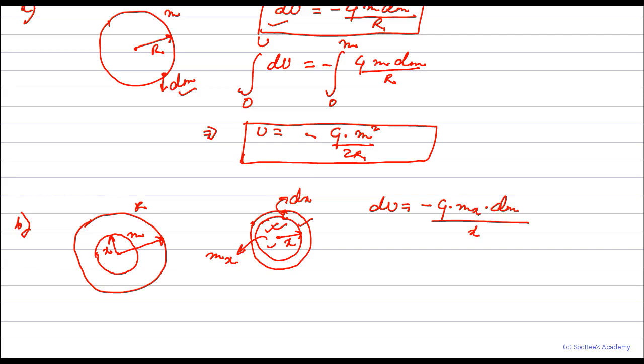So this is going to be the small potential energy of interaction between the shell which is being put on a sphere of radius x.